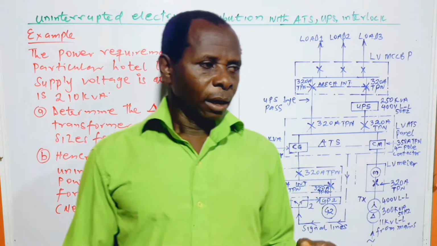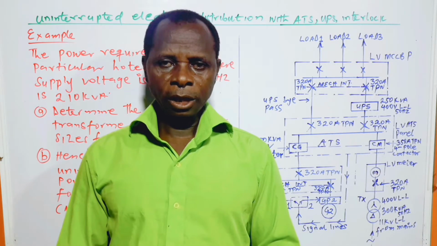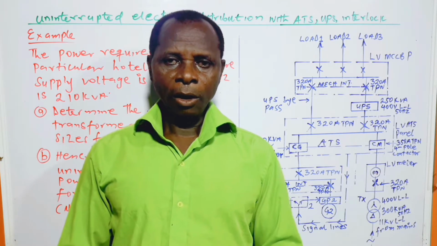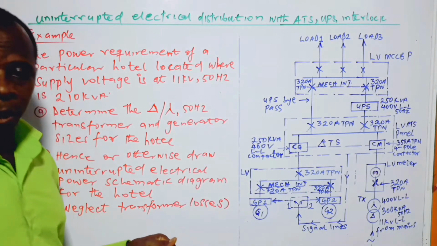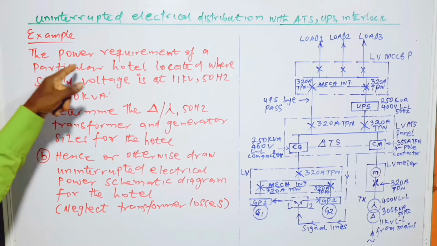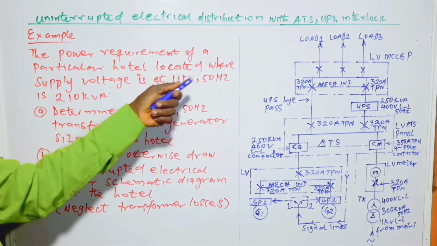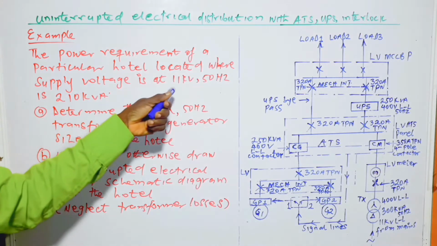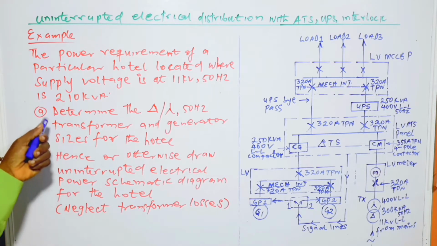Meanwhile, I will use an example to illustrate the concept for clear understanding. Please follow me. So here we go. Example: the power requirement of a particular hotel located where supply voltage is at 11 kV 50 Hz is 210 kVA.